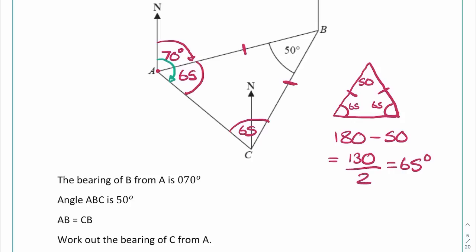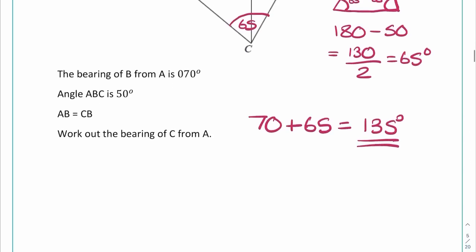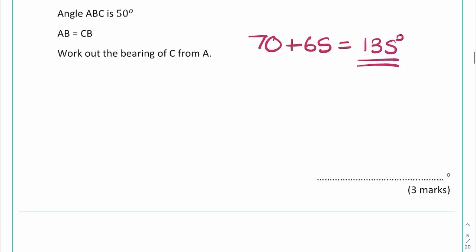Obviously we're looking at the bearing of C from A. So to get to C from A facing north, you would have to turn 70 plus an additional 65. So our final answer would be 70 plus the 65, and that would be 135 degrees, and that is already a 3-digit bearing, so we don't have to worry about adding a 0 at the start. So there we go, 135 degrees, and there is our bearings question.